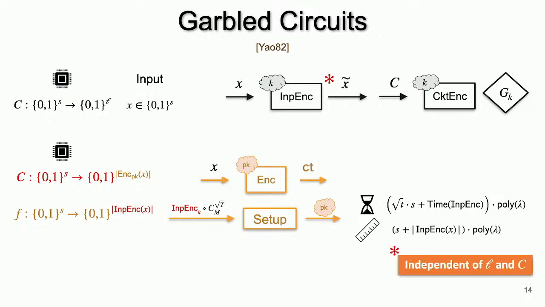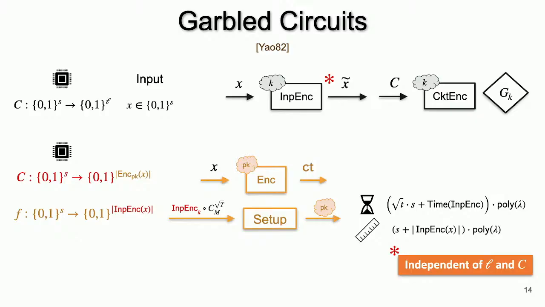So it's crucial that these algorithms are independent. And if they are independent, then in the end what you get is square root t times s plus the time to input encrypt. And the time to input encrypt, because it's a gobbled circuit, only grows with the input of the gobbled circuit. So it's just s times poly lambda. So everything is square root t times s times poly lambda.